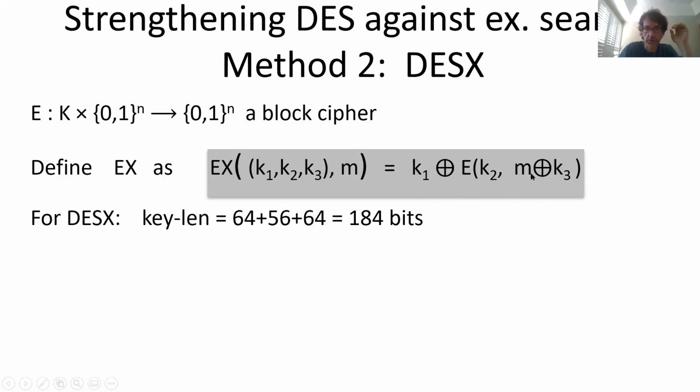Here, you have a fixed key that you use to XOR every plaintext before you feed the result into the block cipher, and then you have one more key. The block cipher output is not the ciphertext you output. You post-process it by XORing, treating K1 as an output pad. So this is called an input pad, this is called an output pad, and your keys K1 and K3 are just these pads.